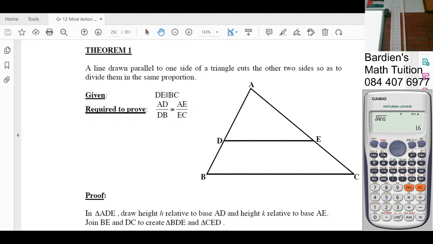But what is the area of triangle ADE over DEB? It's AD over BD. Not so? What is the area of triangle AED over DEC? The same as AE over EC. And there we have just proven that. Okay, I'll give you 1 mark here, 1 mark there. So how many marks? 1, 2, 3, 4, 5 marks. So yes, there are 2 marks here.